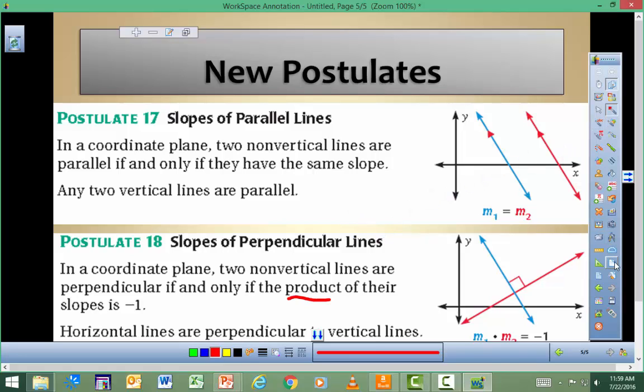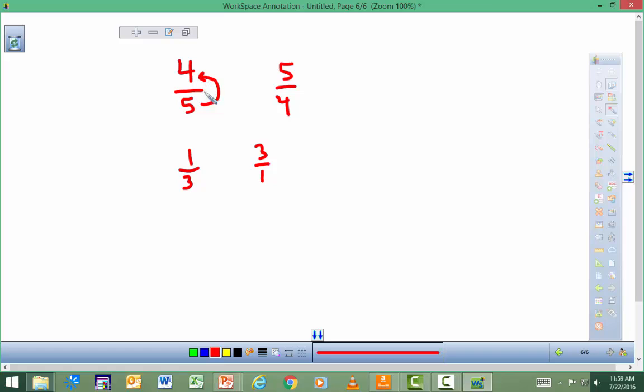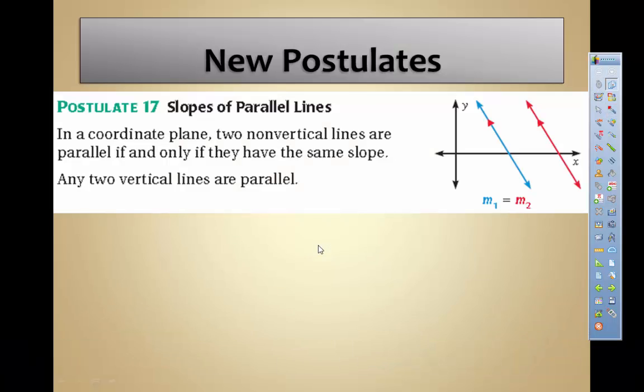You might remember reciprocals: if I have 4/5, the reciprocal would be 5/4, and if I have 1/3, the reciprocal would be 3/1. You just flip the fraction, and that's what happens with perpendicular slopes.